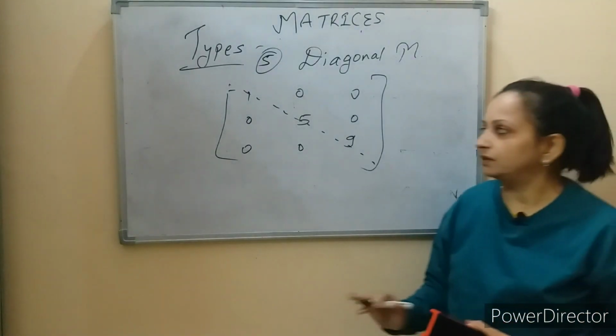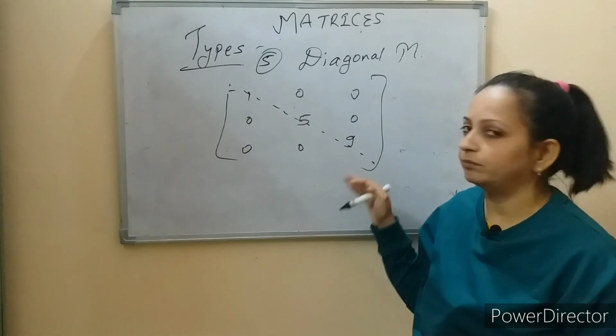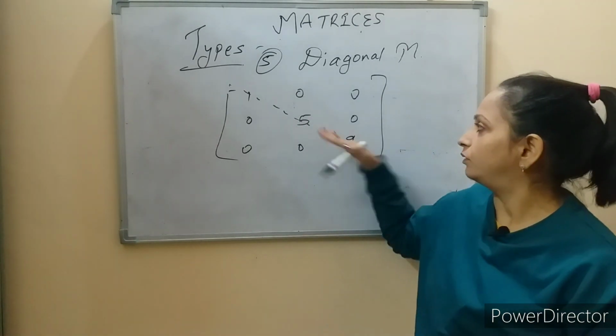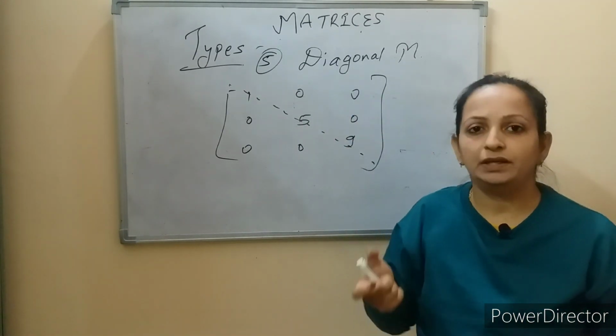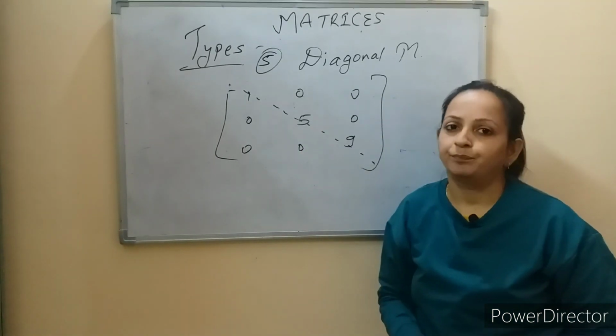Okay, now listen carefully. First condition, it has to be a square matrix, then only we can determine the diagonal elements, and non-diagonal elements will be 0, only diagonal elements will have some values. Okay, so this will be my diagonal matrix.